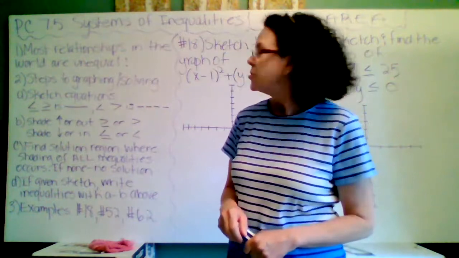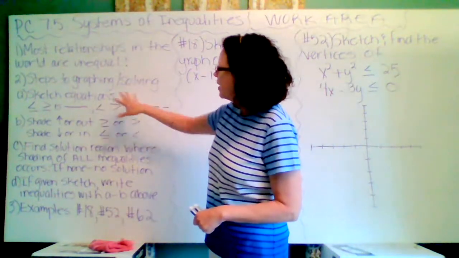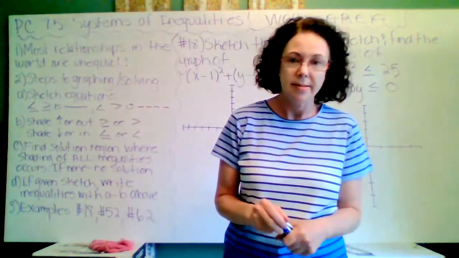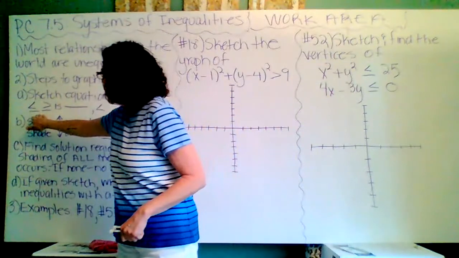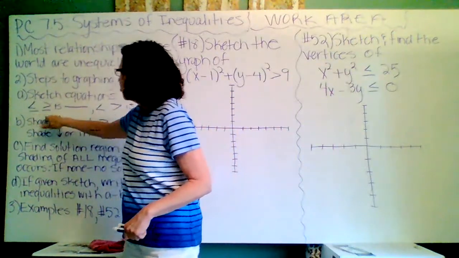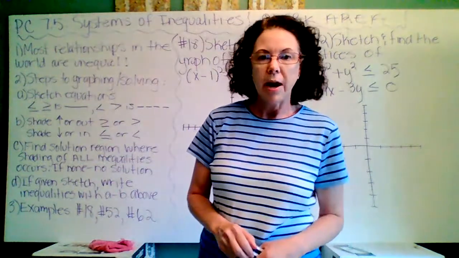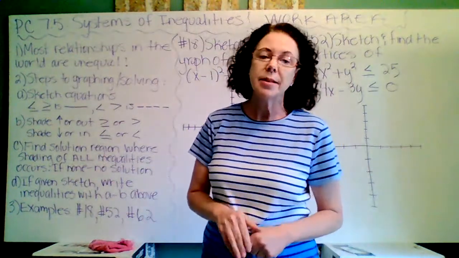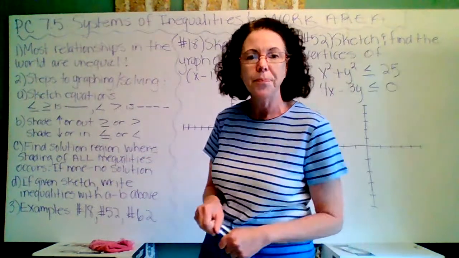So the steps to graphing and solving: first we're going to sketch the equations themselves. If you have a less than or equal to or greater than or equal to, we are going to use a solid line for our equations, and that means that the points that lie on that line also make the inequality true.